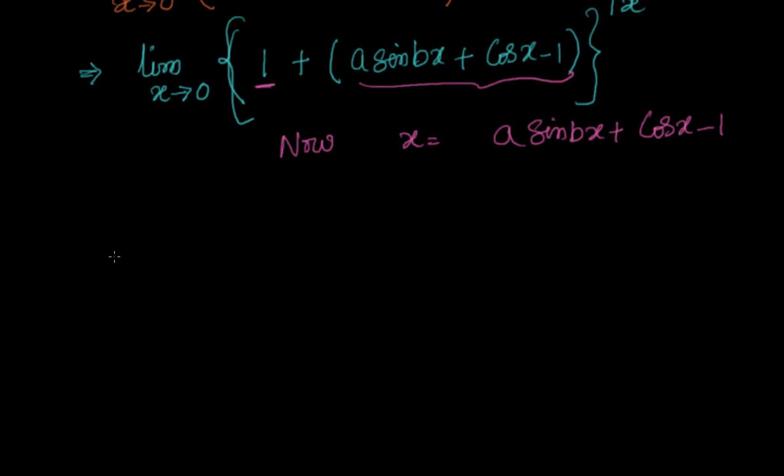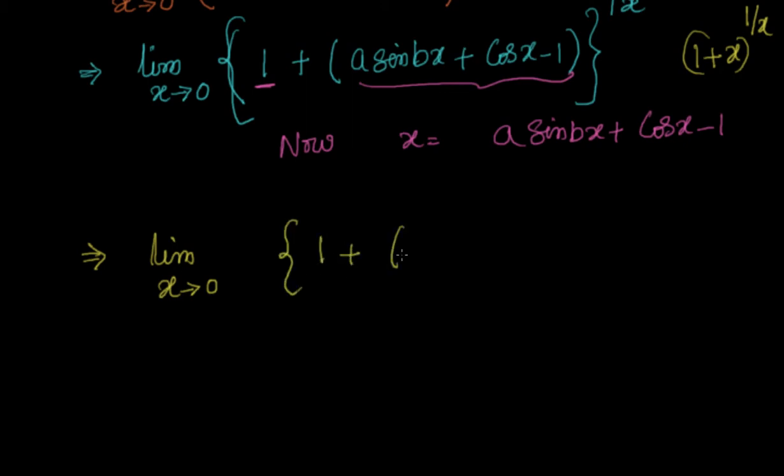In the next step, I want to get this in the form of limit x tends to 0, (1 plus x) whole to the power of 1 by x. But what is our x? Our x is a sin bx plus cos x minus 1. So first let us write in that format so that we can convert that into e. I will say limit x tends to 0, 1 plus a sin bx plus cos x minus 1.